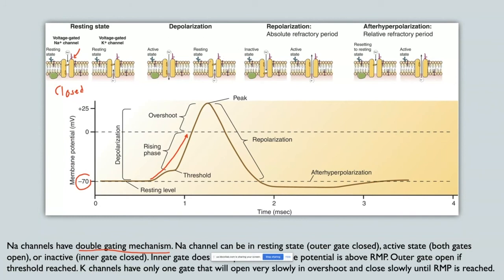But at this moment, the potassium channels are still closed. That's what permits the accumulation of positive charges inside the cell, so it depolarizes and reaches the threshold. If we reach threshold, that is when the potassium channels are going to open.